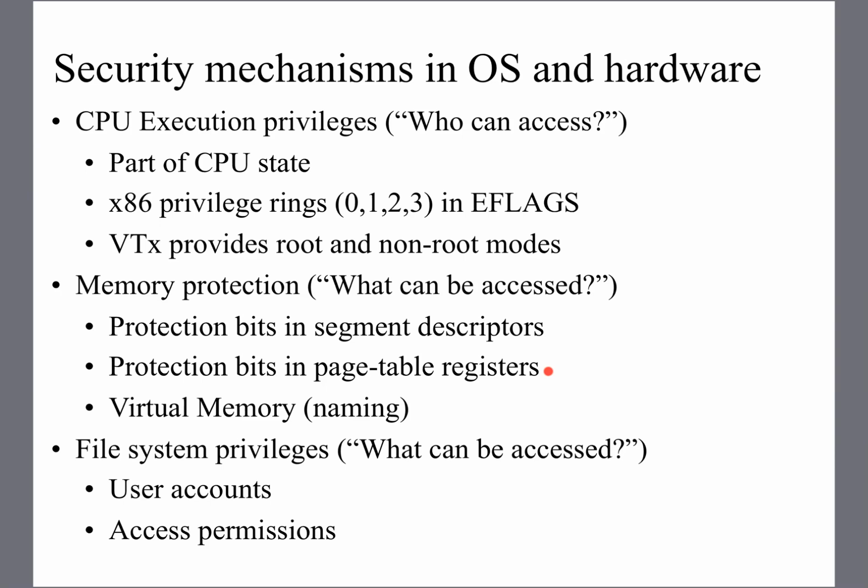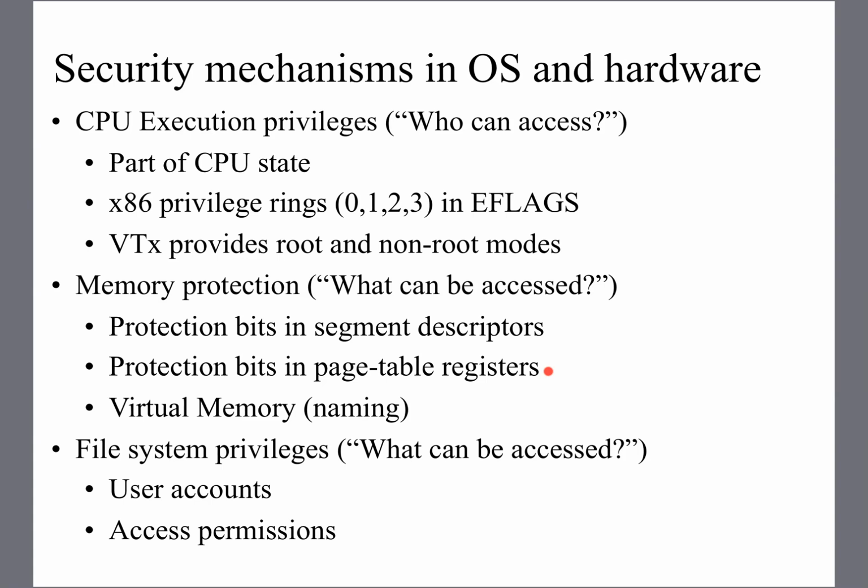For that, in page table entries, we saw that there are read, write, and execute permission bits. Plus, in addition, there is a user versus OS or supervisor bit for every page. So if a process wants to access a particular memory, then the MMU will first check whether the process has the corresponding access permissions before it allows the access to go through.